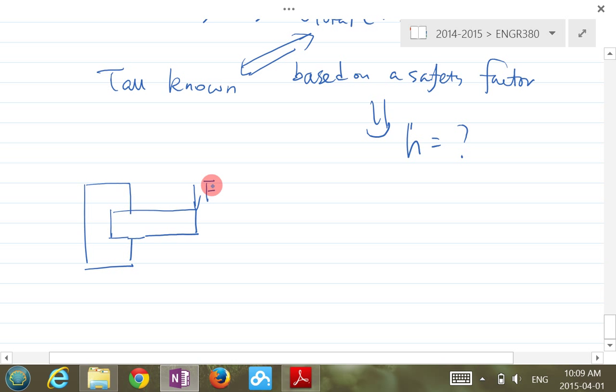Weld the two plates together. Here's the symbol for the weld. Dimensions 2, 2, 6. So that's all we need.